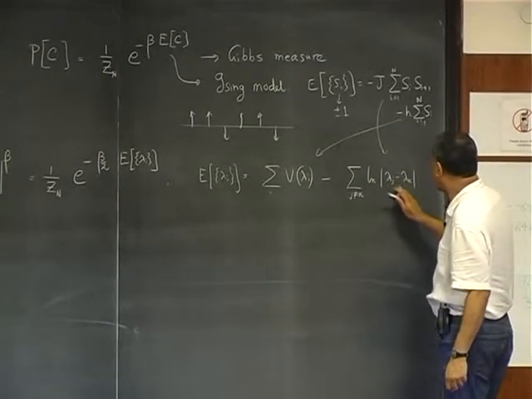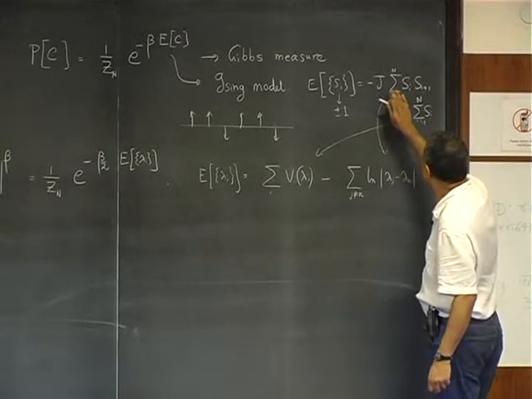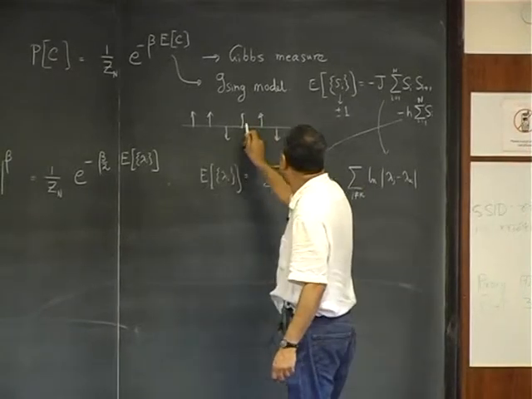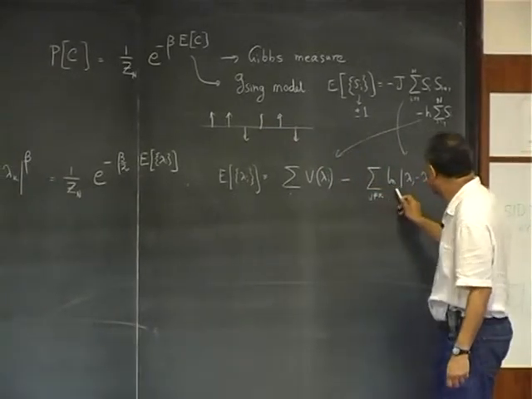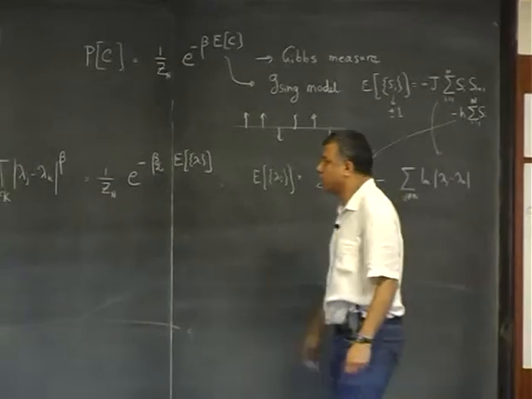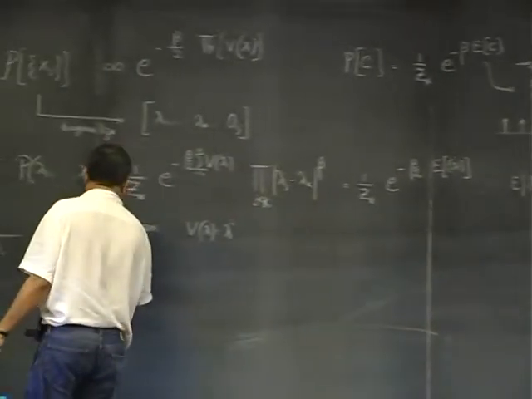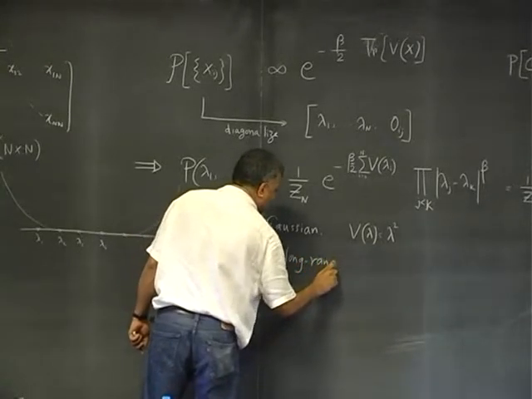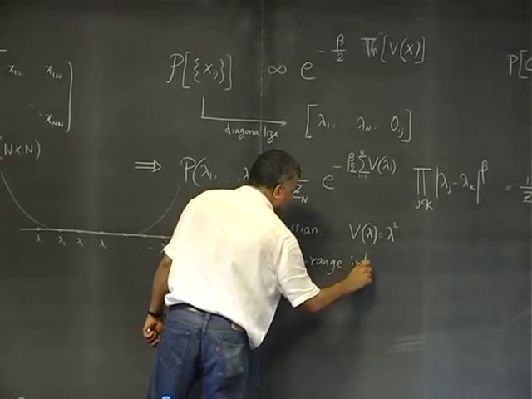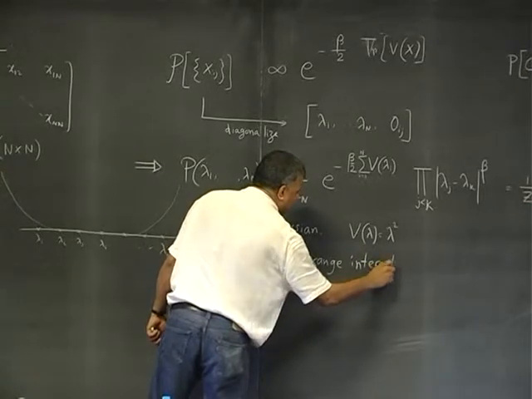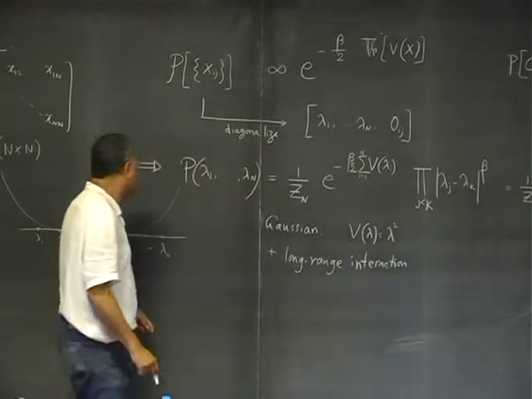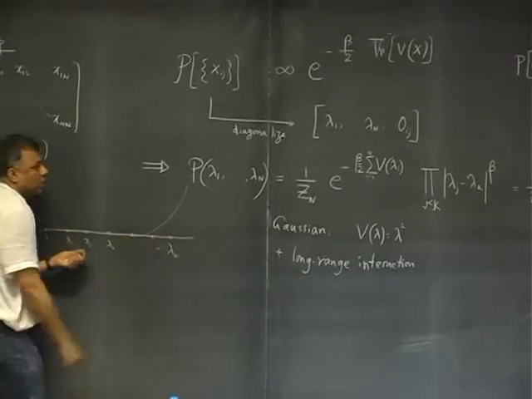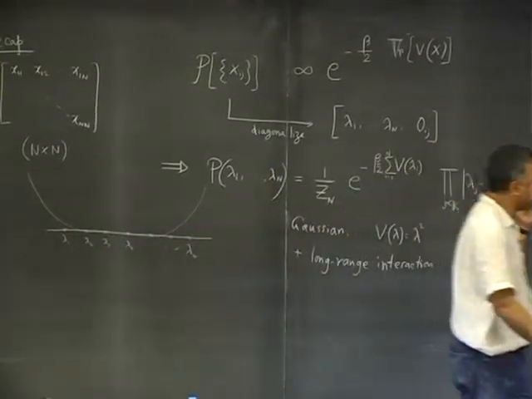Now, the analog of this term here is this interaction term. But it is different from the Ising model, in the sense that in the Ising model you have a short range interaction: only nearest neighbor spins interact. But here, it's actually a long range interaction, in the sense that if I pick any two particles, there is a term which is the log of lambda j minus lambda k.